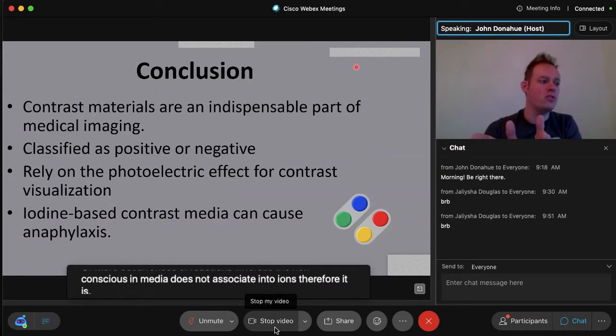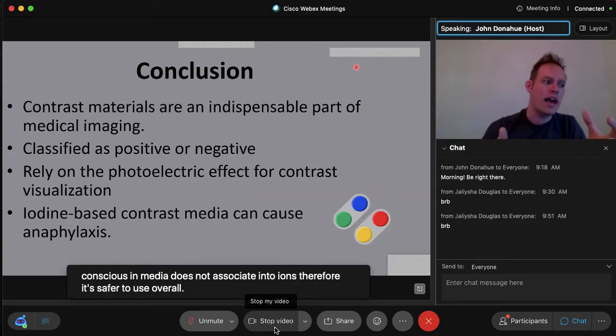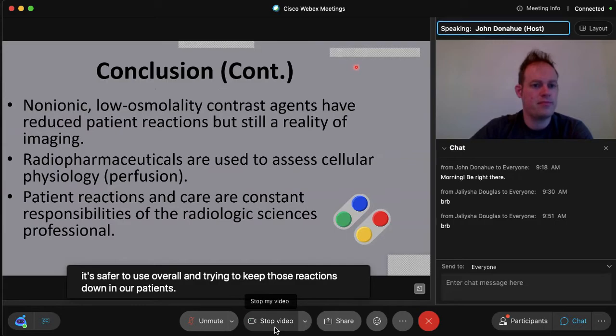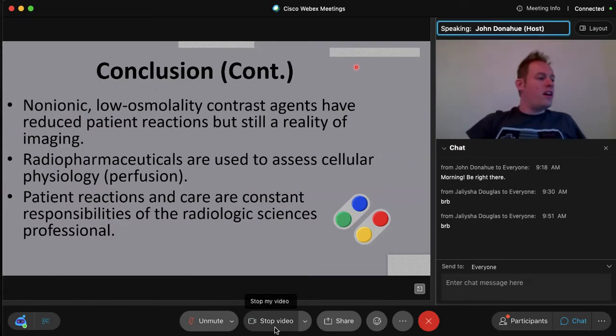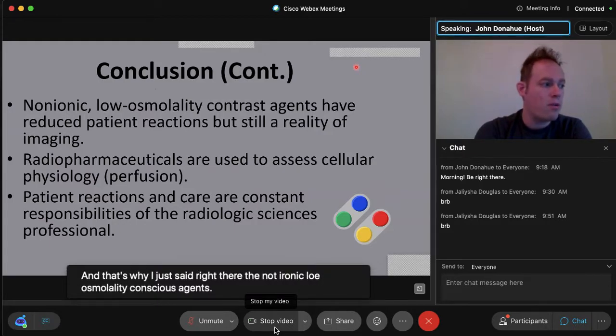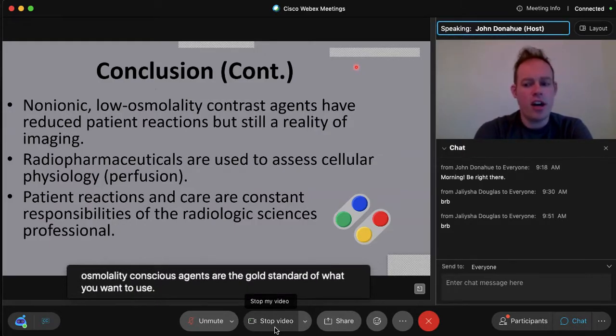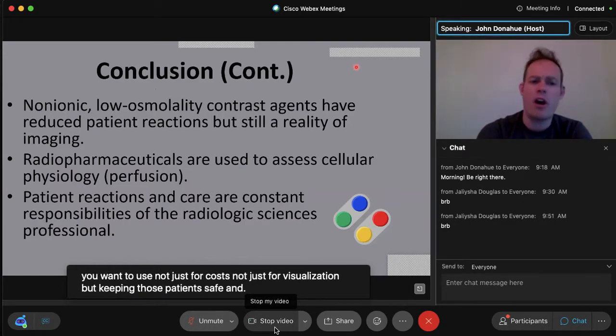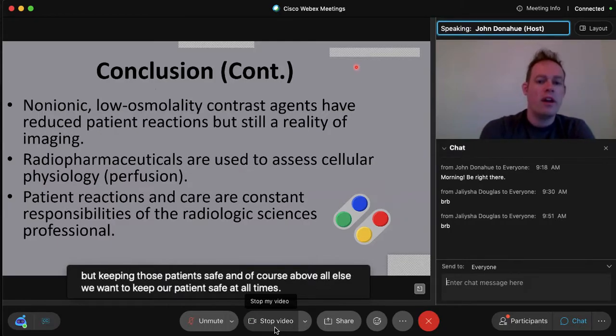Therefore, it is safer to use overall in trying to keep those reactions down in our patients. And that's what I just said right there. The non-ionic low-osmolality contrast agents are the gold standard of what we want to use. Not just for costs, not just for visualization, but keeping those patients safe. And of course, above all else, we want to keep our patients safe at all times.